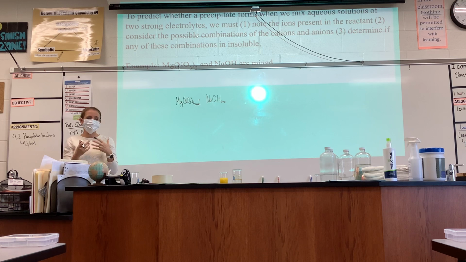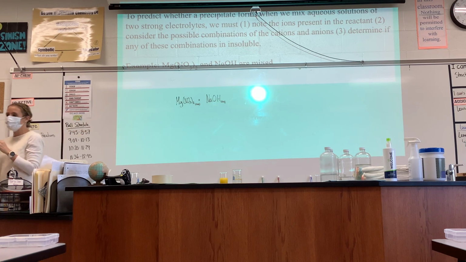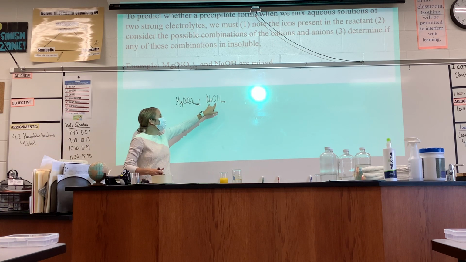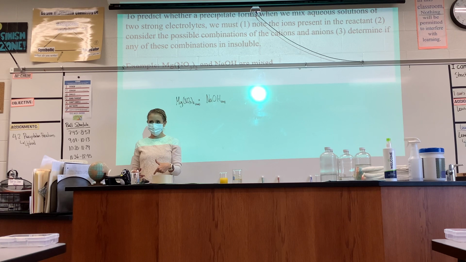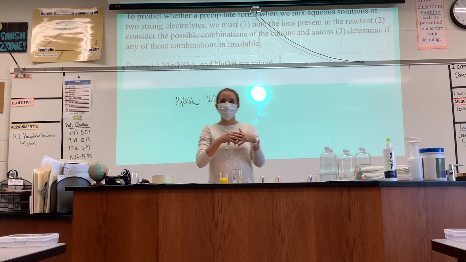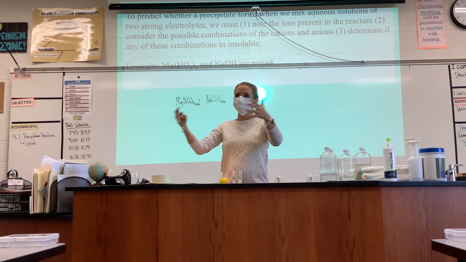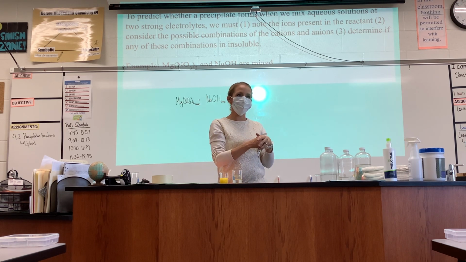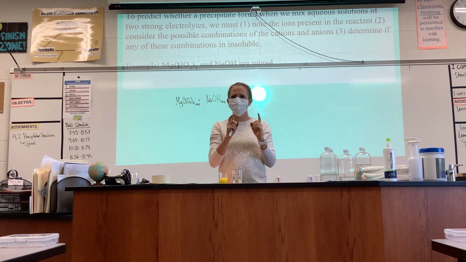So the way I think about a precipitation reaction is kind of like a dance, okay? Magnesium is dancing with nitrate originally, and sodium is dancing with hydroxide originally, but once you pour them into water, they separate and maybe find a new dance partner. Now what's significant to note is they pair up in a particular way.